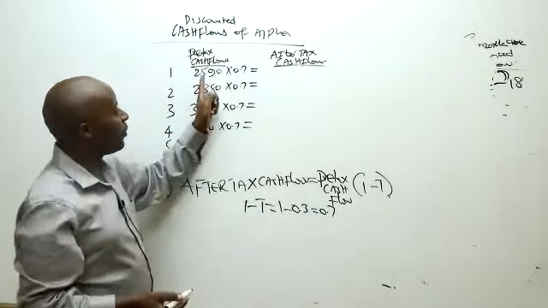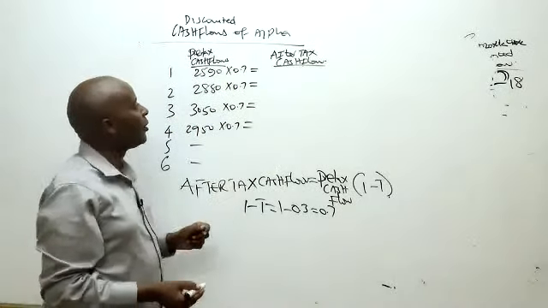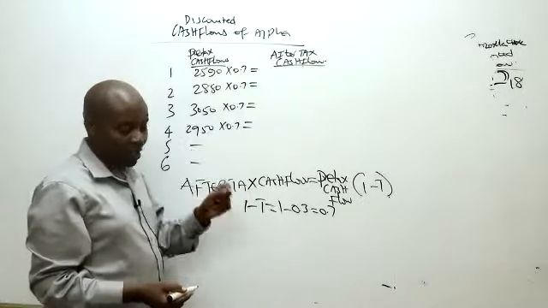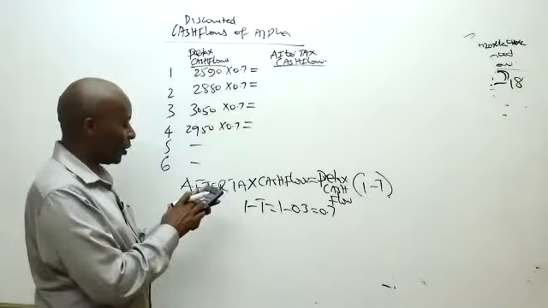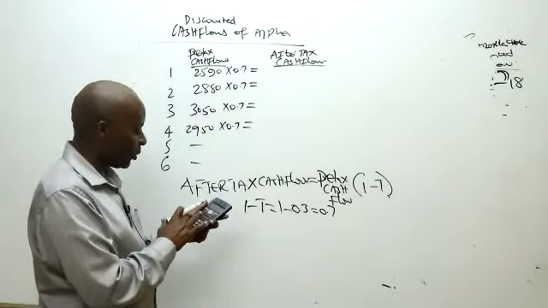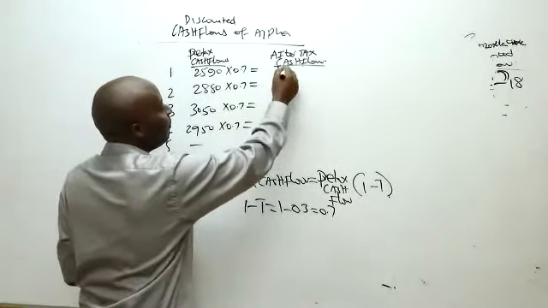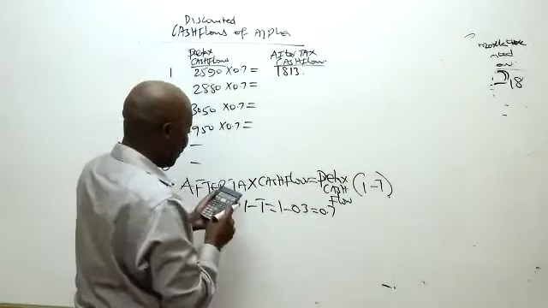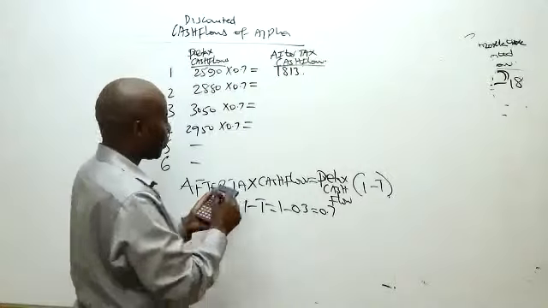So you take 2590 times 0.7, giving us 1813. From there we have 2880 times 0.7, giving us 2016.